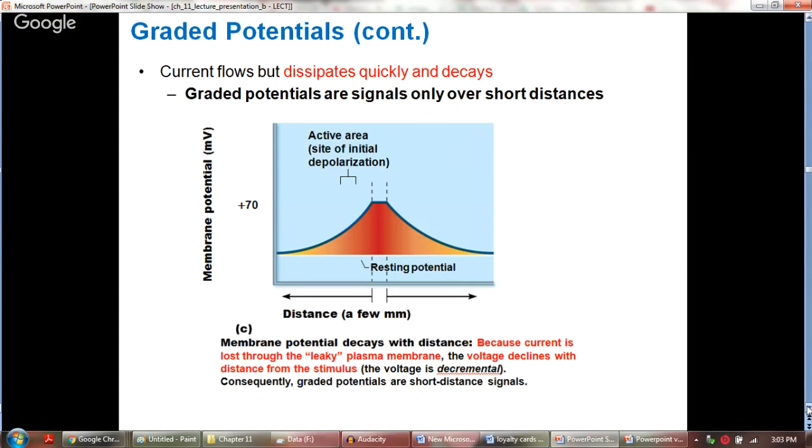And how it degrades: the current flows but dissipates quickly and decays. So that's why, when we put it in a graph, from the resting membrane potential it's a short-lived depolarization and then quickly goes back to the resting membrane potential within a few milliseconds.